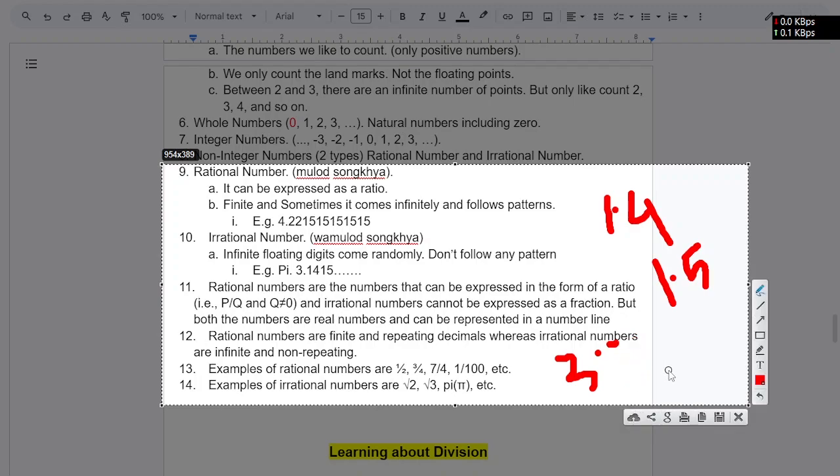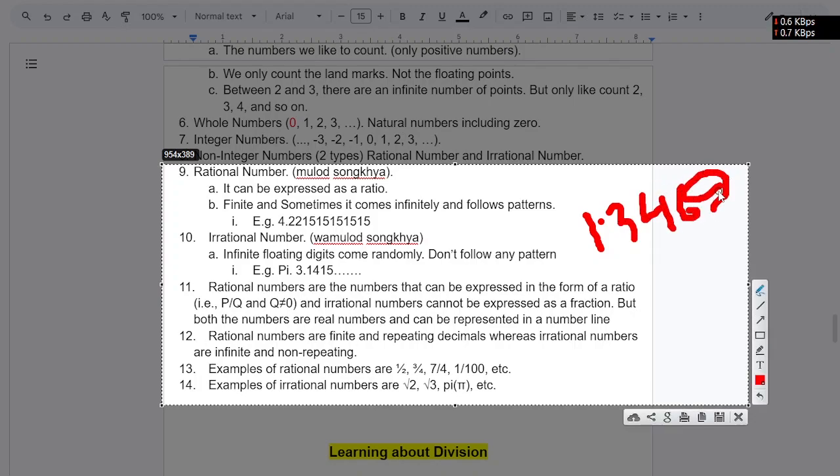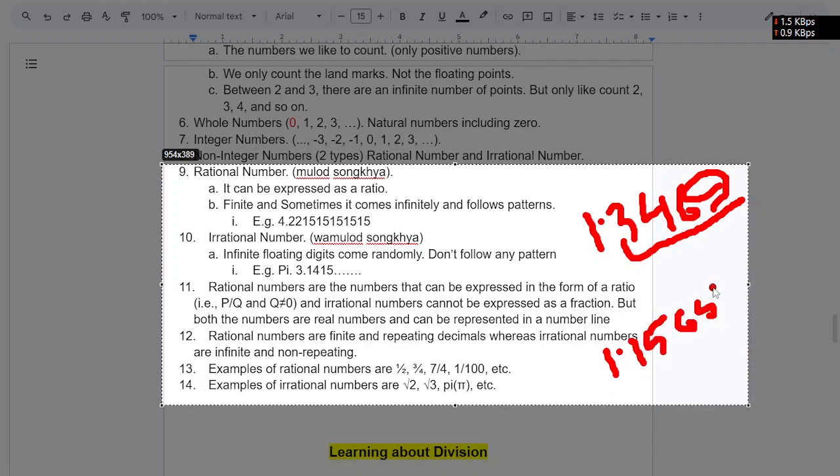But if we have an infinite number of decimal points, like 1.3469 and it goes on with no pattern, that is different.